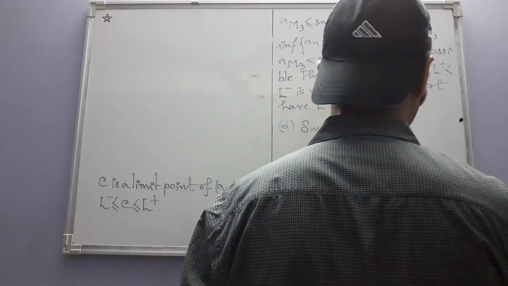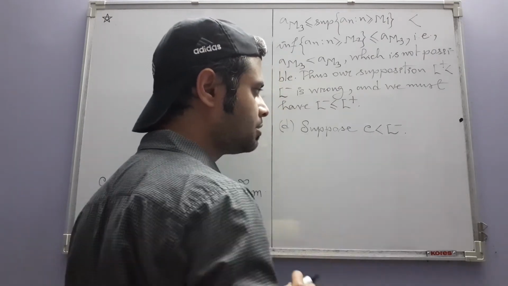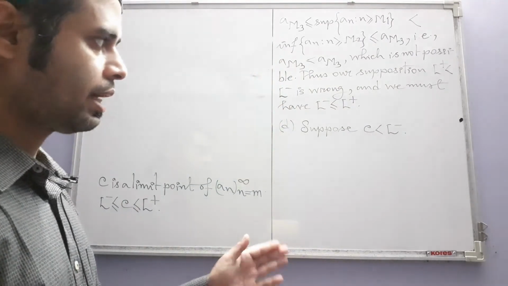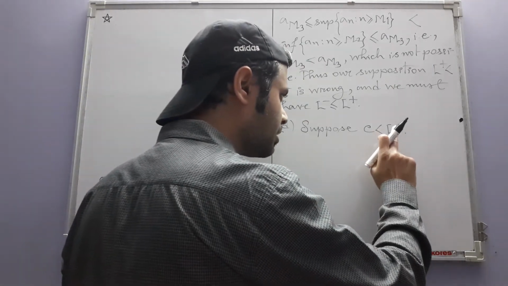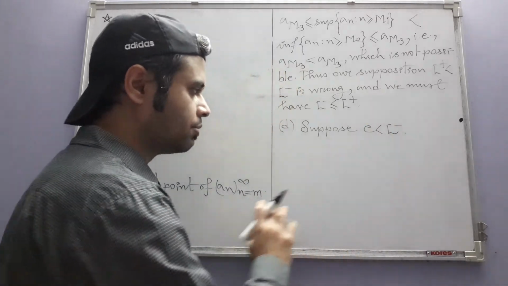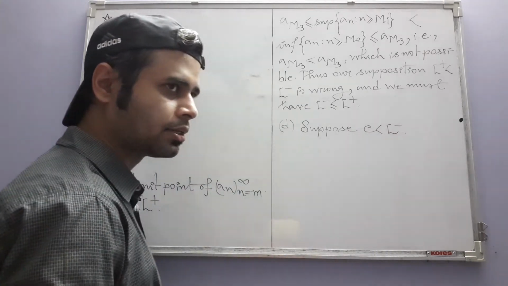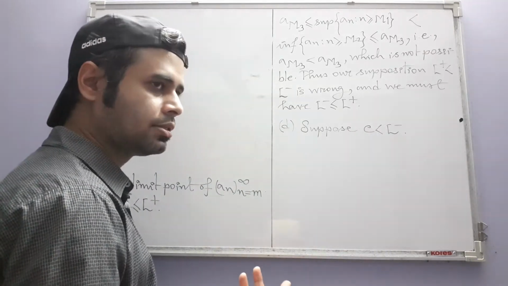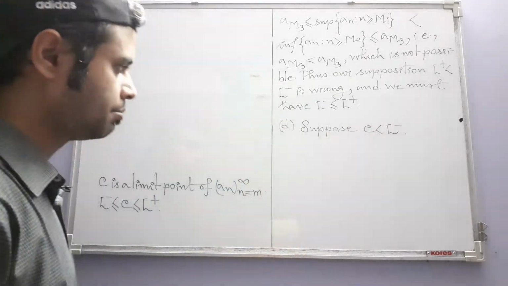So instead of using L minus, we use something in between C and L minus, and that can always be found. If L minus is a real number, then from this inequality we know that there is a real number lying between C and L minus, and when L minus is equal to plus infinity, then also between them there is a real number.